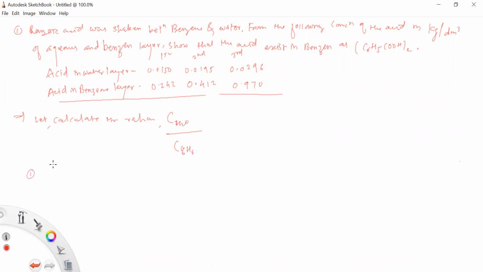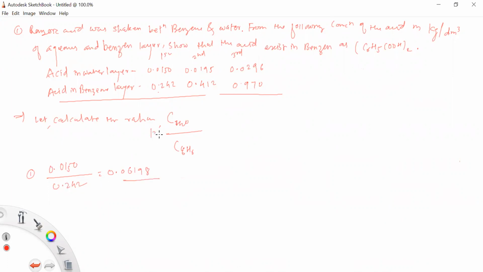So the first, 0.0150, हे तुमचं concentration आहे solute into the water, and the benzene layer 0.242. So this is the ratio, it comes to 0.06198. हे कॅल्क्युलेट केलं तर तुम्हाला रेशिओ एवढा मिळतोय.